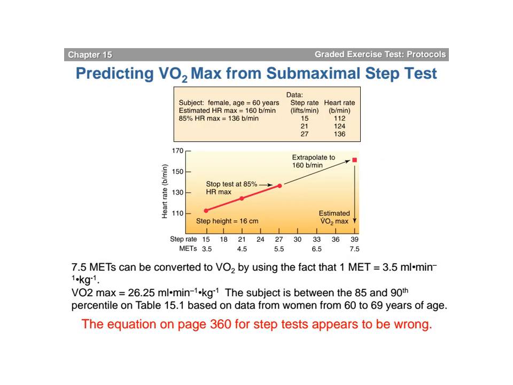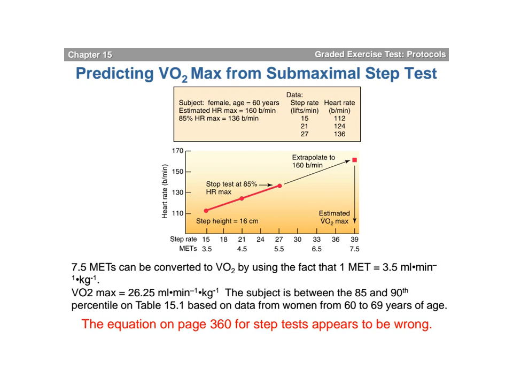Let's look at an example of a 60-year-old female who's going to do the step test. The height of the step is going to be kept constant at 16 centimeters. The rate of stepping will increase by 6 lifts per minute every 2 minutes. And we're going to stop this test once she reaches 85% of her maximal heart rate, which is estimated by age. So let's look at this.